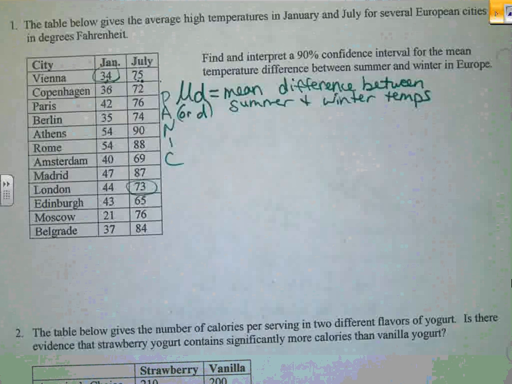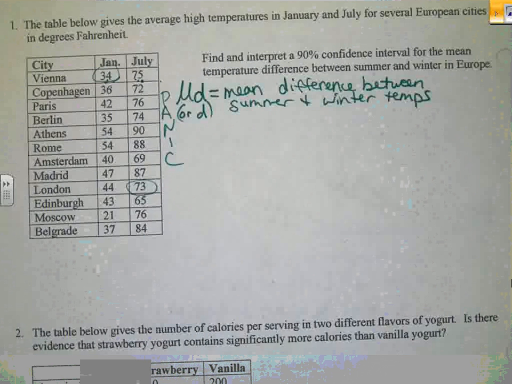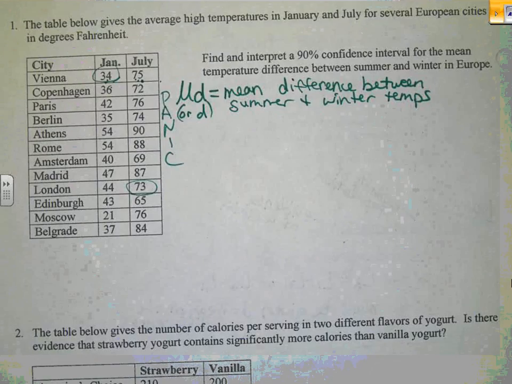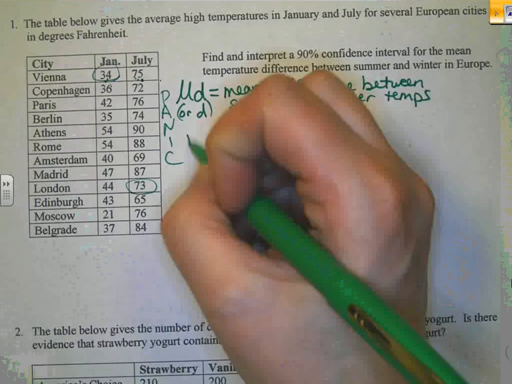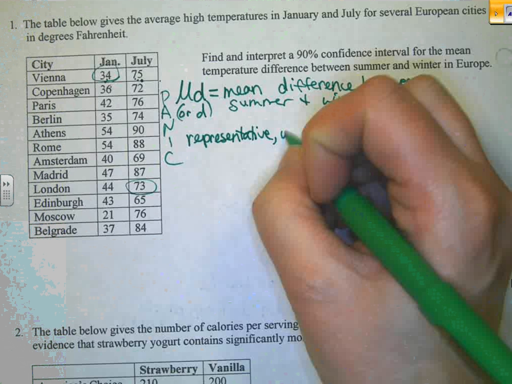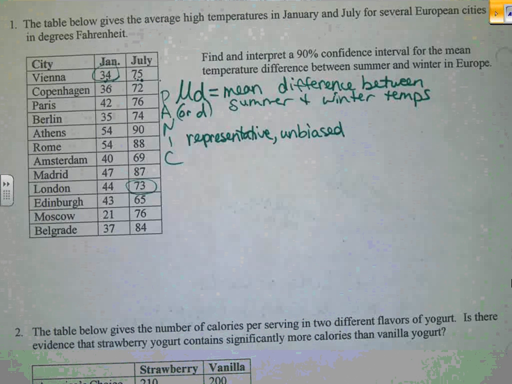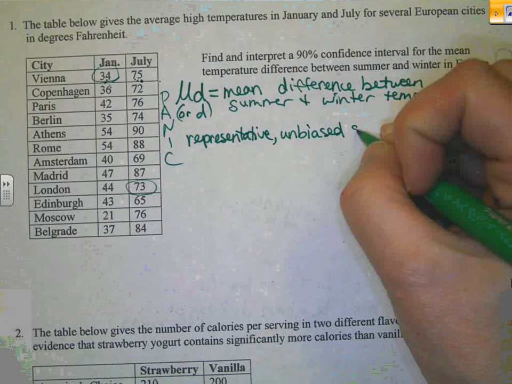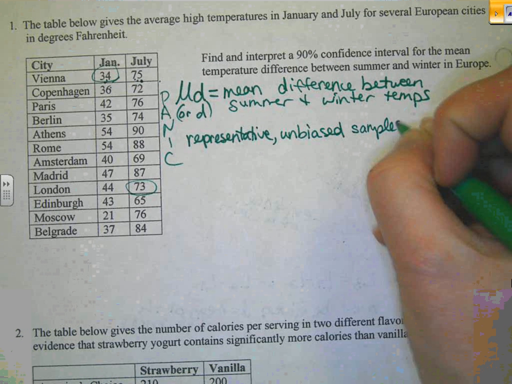Okay, let's check our conditions. Assumptions are conditions. We think these cities are representative of all European cities? For sure. They're not all from one country, are they? Anyone know European geography? How many samples are there?